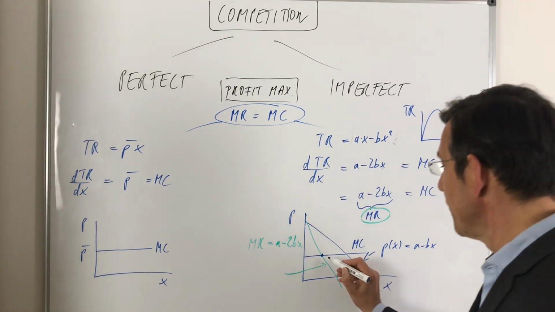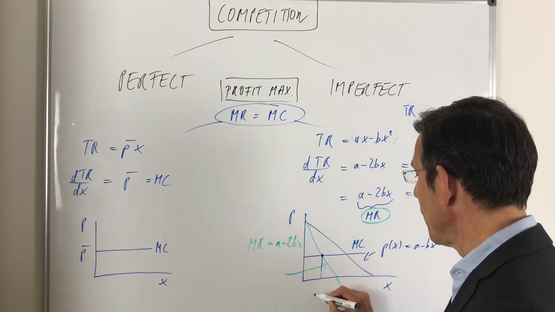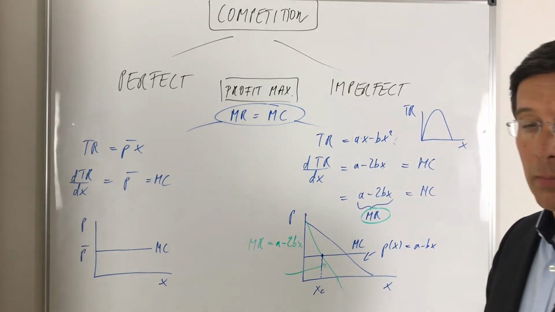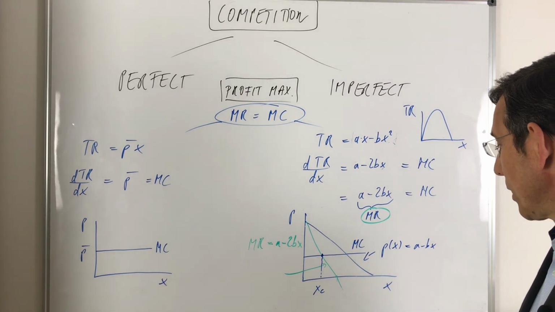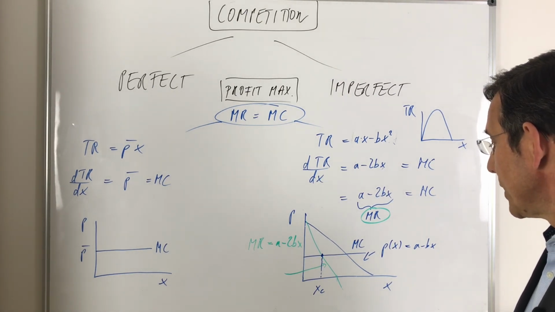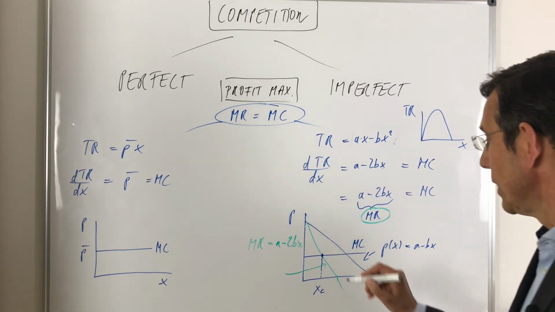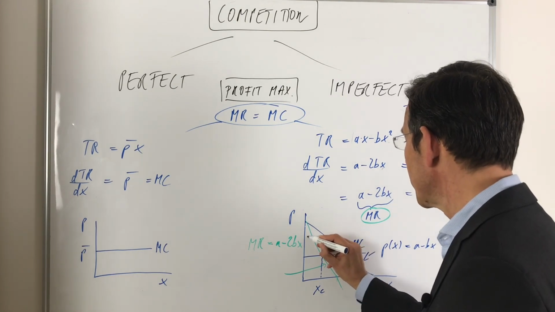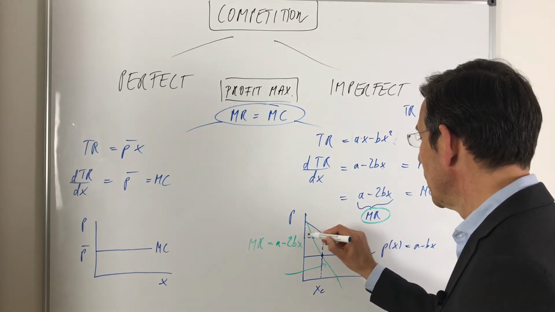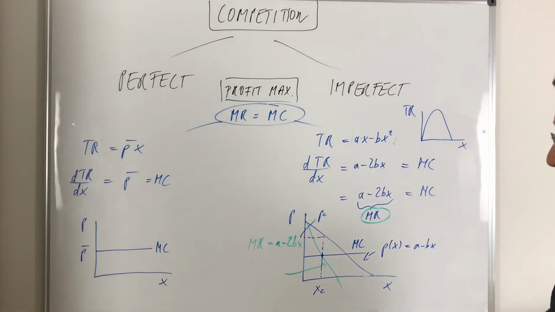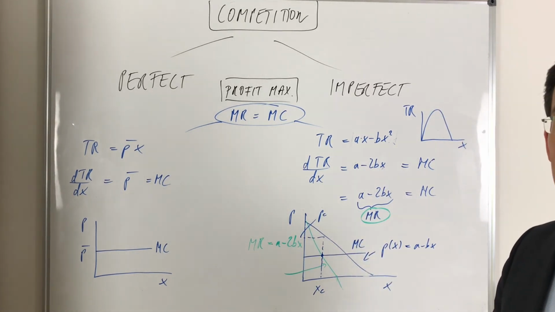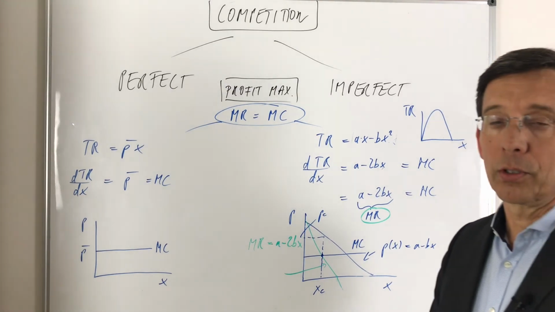This is here, and this ends up with a profit-maximizing quantity, which is the Cournot quantity, and a profit-maximizing price, which is here the Cournot price. That's now the monopoly case, and we have to dig deeper here.